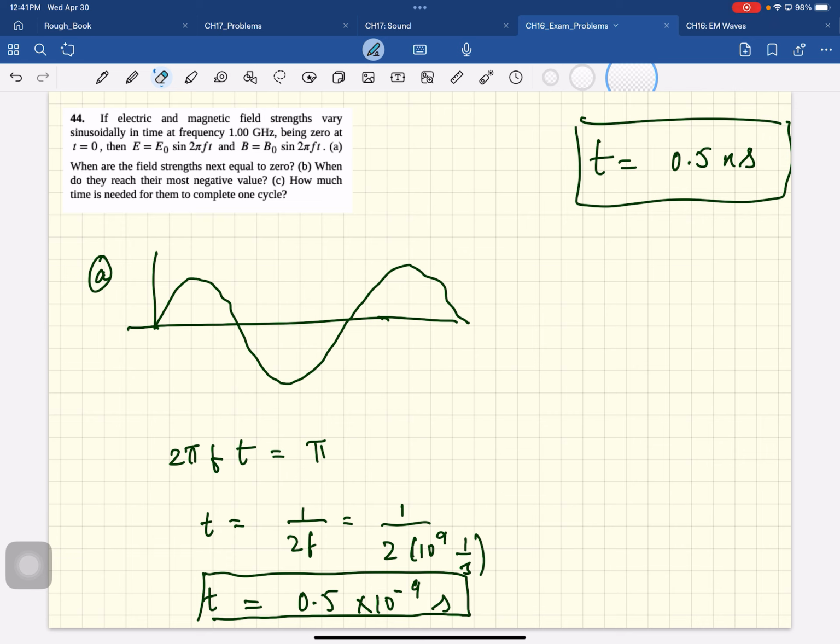When do they reach their most negative value? They reach their most negative value when 2 pi ft is 3 pi by 2. So they reach their most negative value at 2 pi ft equal to 3/2 pi.